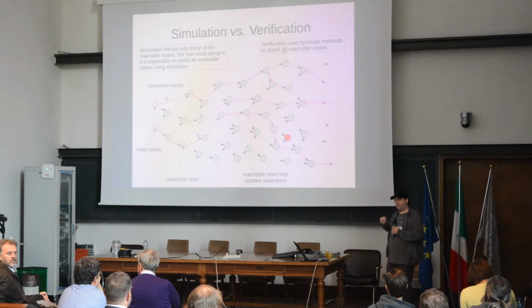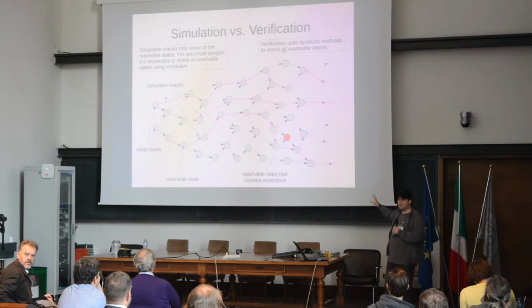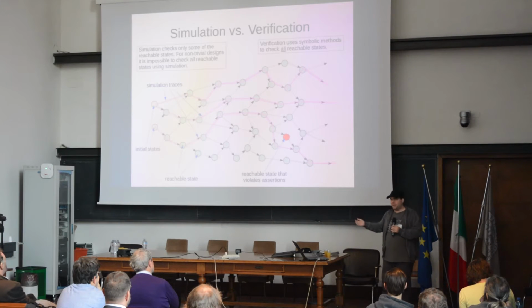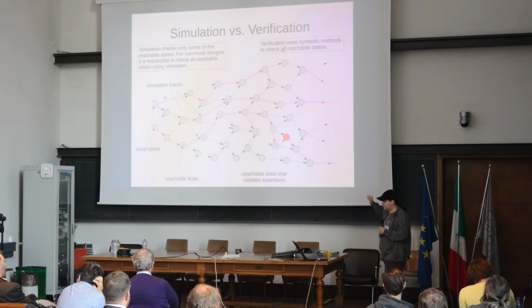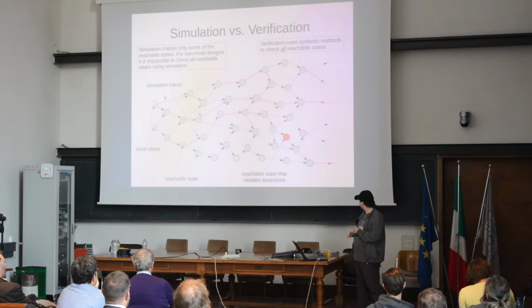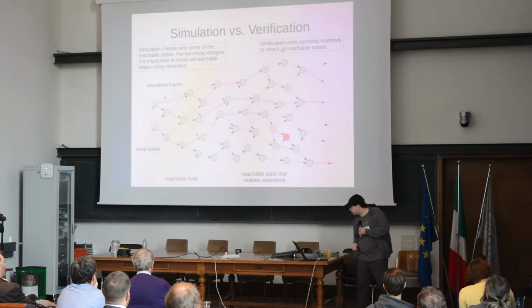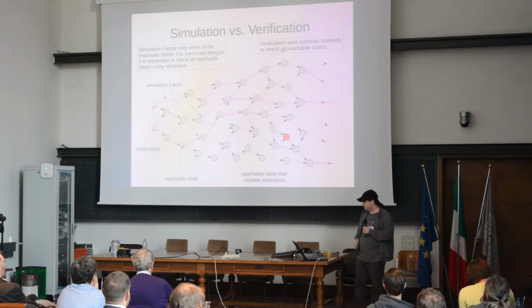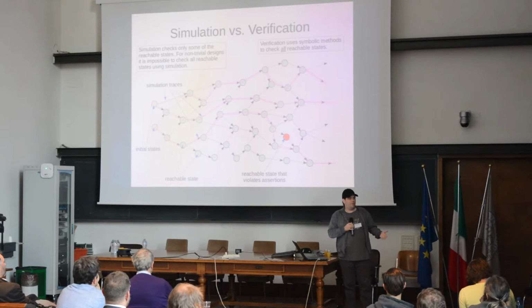And therefore, when the formal verification tool says this state is unreachable, then it really is unreachable. And I can be sure that my design will never hit this red or orange circle. Good, so that's what formal verification is about.